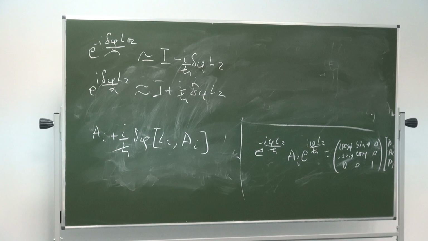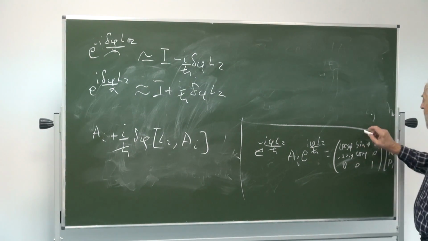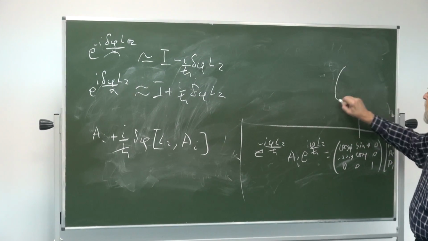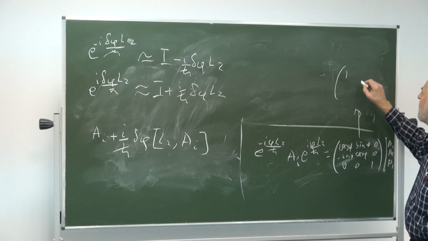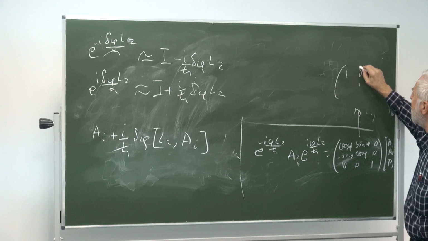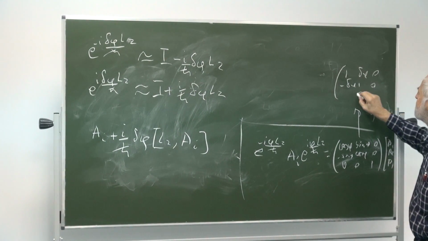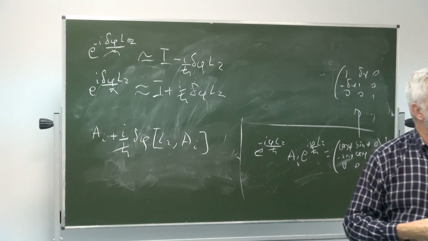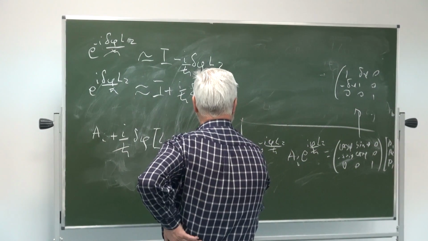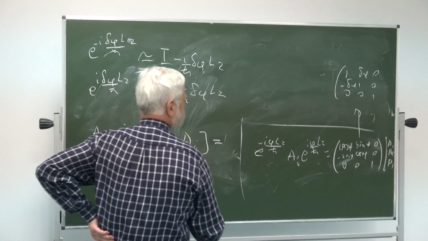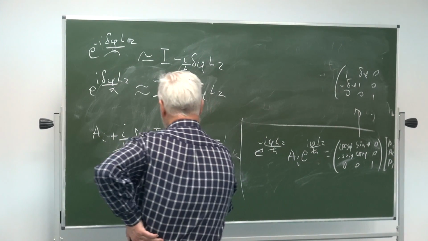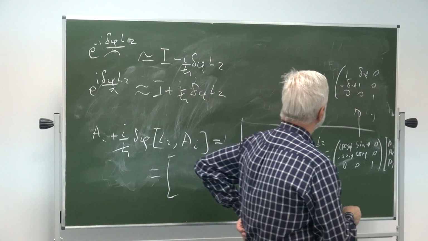Okay. If I do the same on the right side of this equation, then my rotation matrix changes into 1, delta phi, minus delta phi, 1, and 0, 0, 0, 0, 1. Right? And what I will get is a vector of this sort.